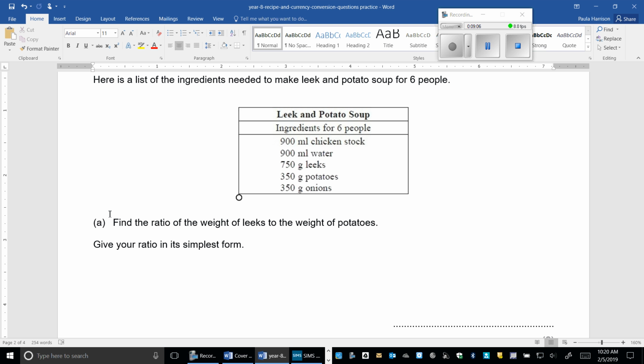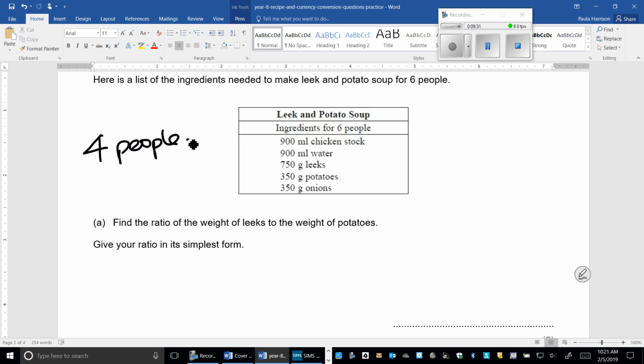So what we would have to do here is some dividing, but also some multiplying. So you've got some choices here. If we wanted 4 people, remember the sheet I gave you about the unitary method, which means find things for one person.